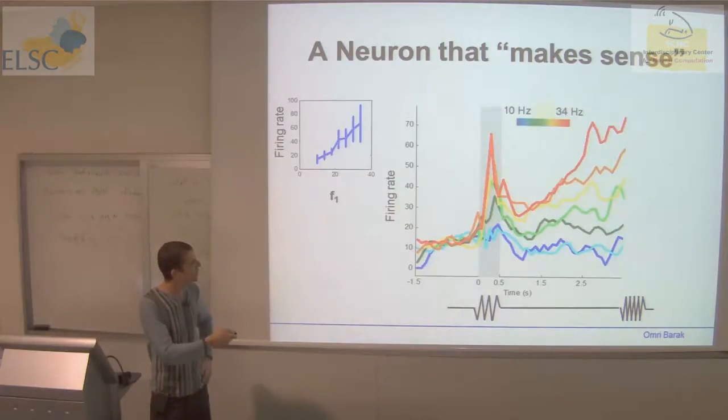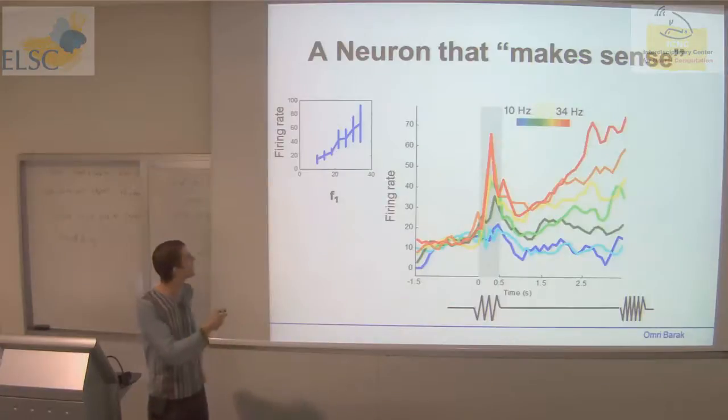And this neuron encodes in a positive monotonic manner the magnitude of the first stimulus and maintains such an encoding throughout the delay period. So we have here an encoding of an analog variable in a positive manner and maintenance in memory across time. All we need is now the math.